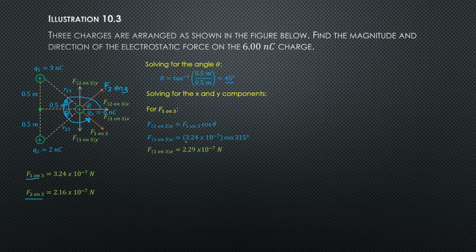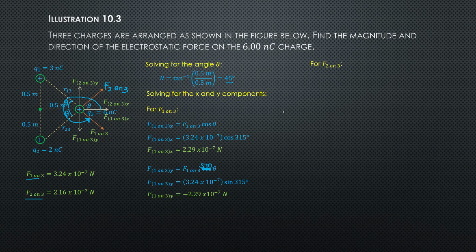The x component of F1 on 3 is positive. For the y component, this is sine theta: 3.24 times 10 to the negative 7 newtons times sine 315 gives negative 2.29 times 10 to the negative 7. Negative, directed downward.